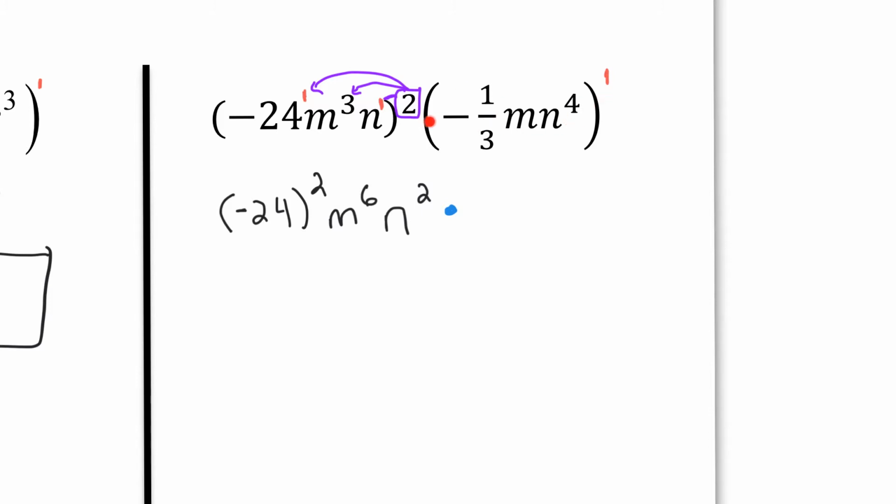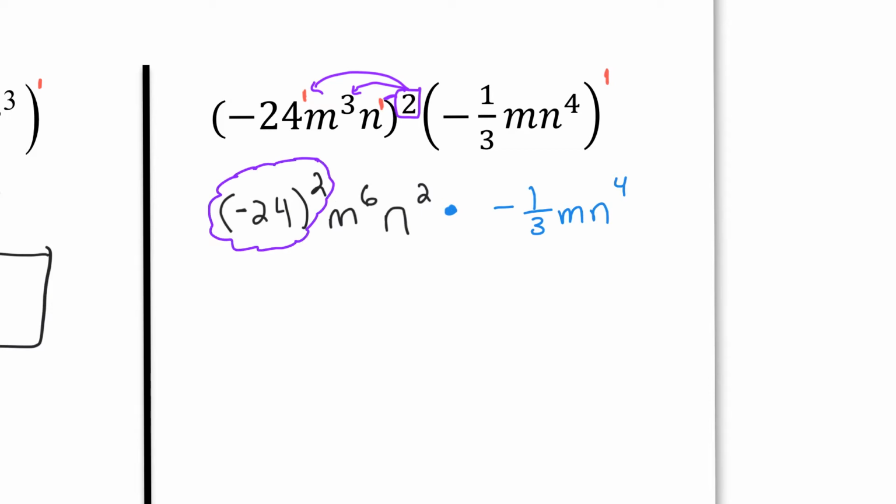Now this one, we don't need parentheses because the exponent is 1, nothing's going to change. So I'm just going to bring down the negative 1/3, and we have m n to the 4th power. So if you distribute, you multiply by 1, nothing's going to change. Now we do have to simplify negative 24 squared.